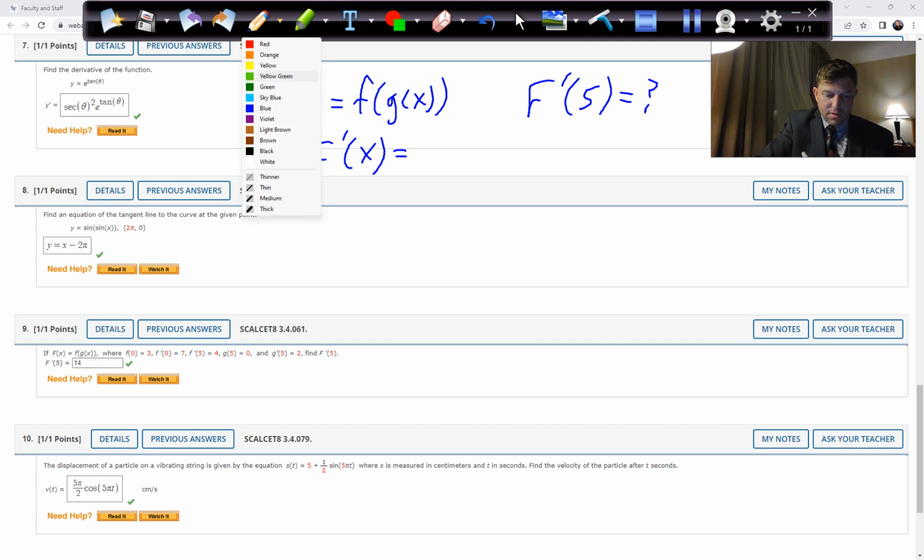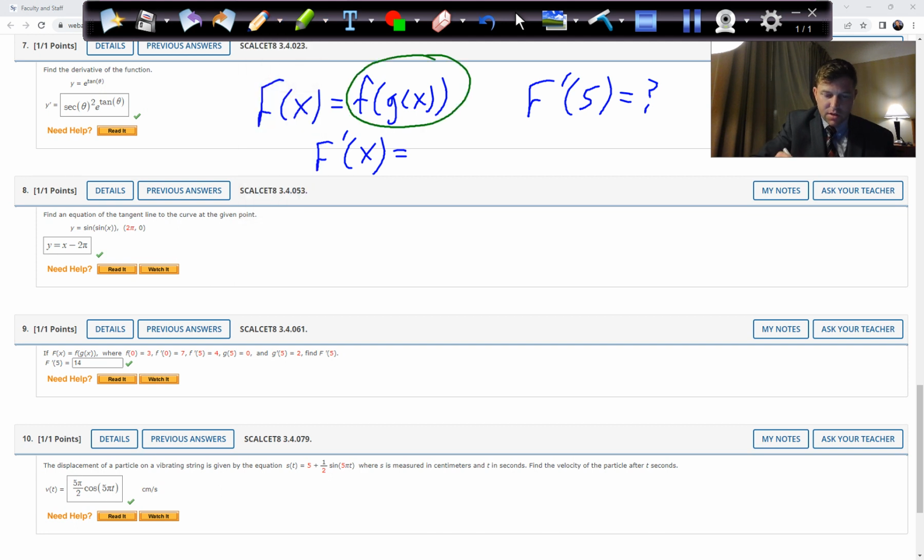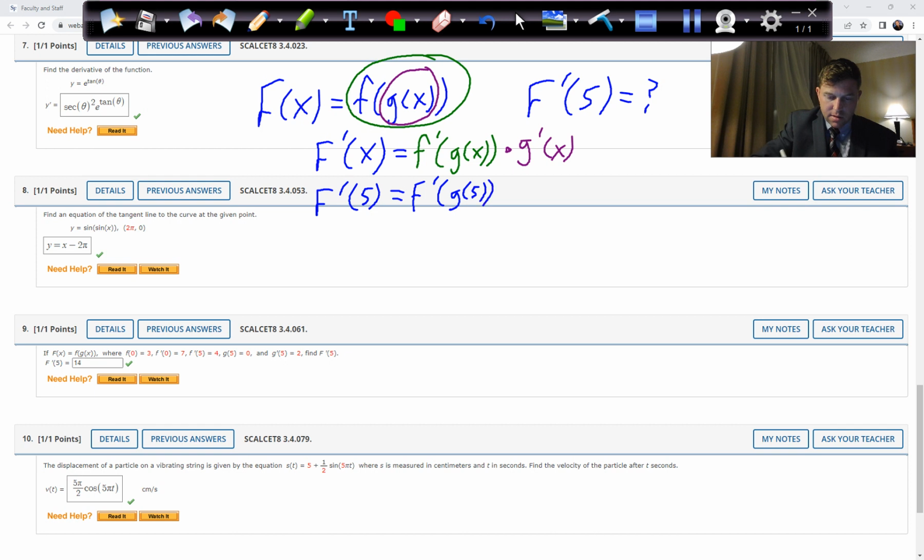That would equal the derivative of the outside function, which would be little f prime of g of x, times the derivative of the inside function, which would be g prime of x. Now they want f prime of 5. So let's replace all x's with 5. Okay, so we have f prime of g of 5 times g prime of 5.